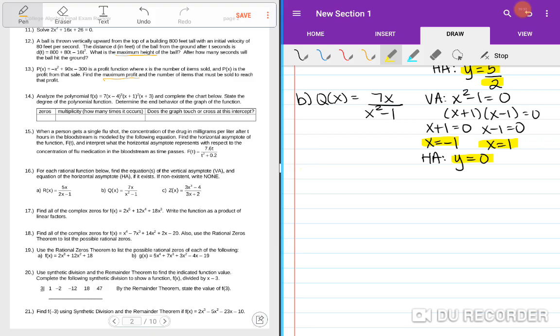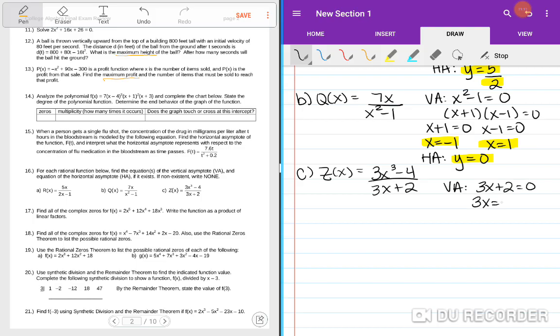Now for part C, we have z of x, that's a weird function name, 3x cubed minus 4 over 3x plus 2. For the vertical asymptote here, set your denominator equal to 0.